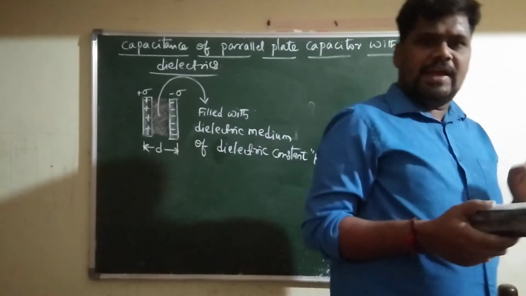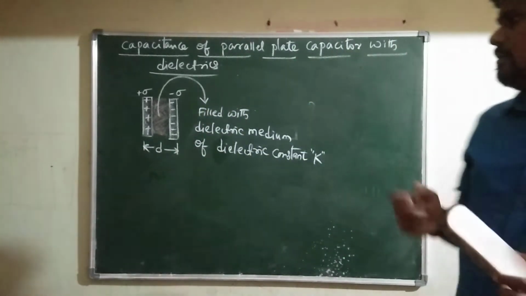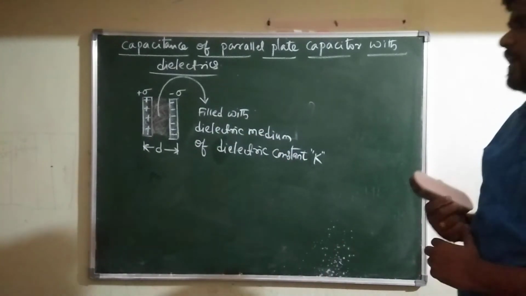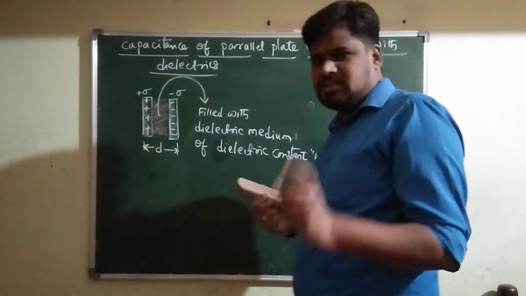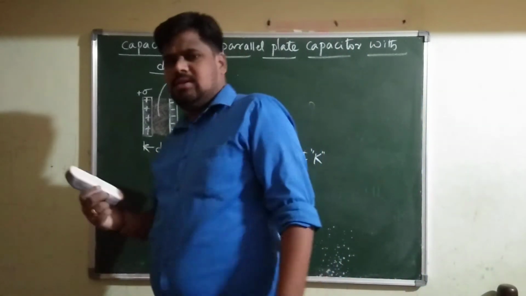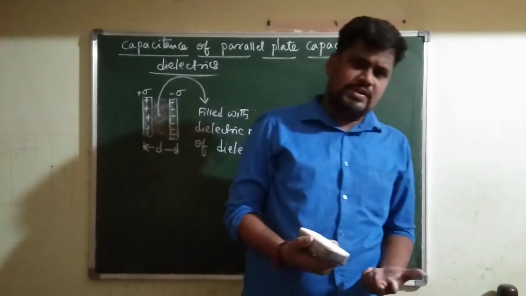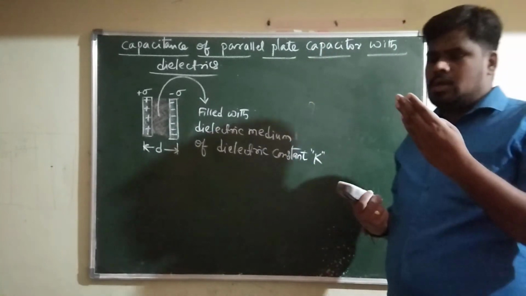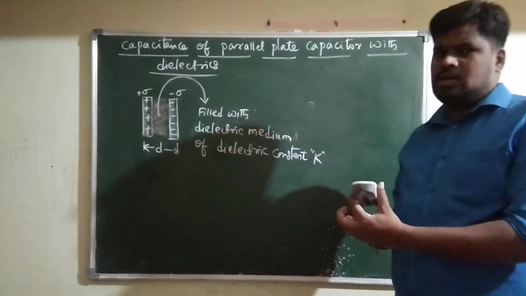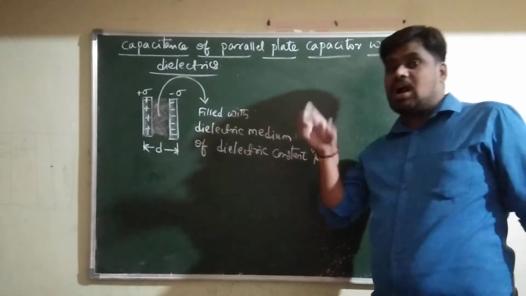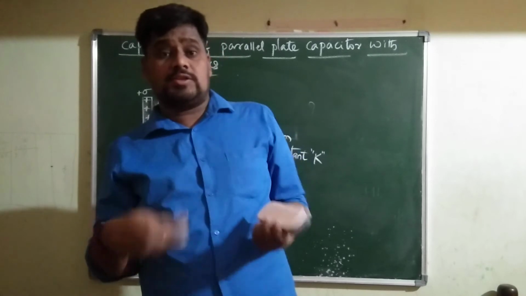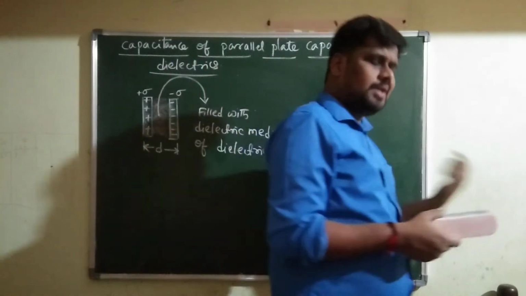When you use any dielectric medium between the plates of a parallel plate capacitor, its capacitance increases. The reason is, if you use a dielectric medium between the plates, that capacitor will start storing a larger quantity of charge, that is, the charge stored by the capacitor increases.